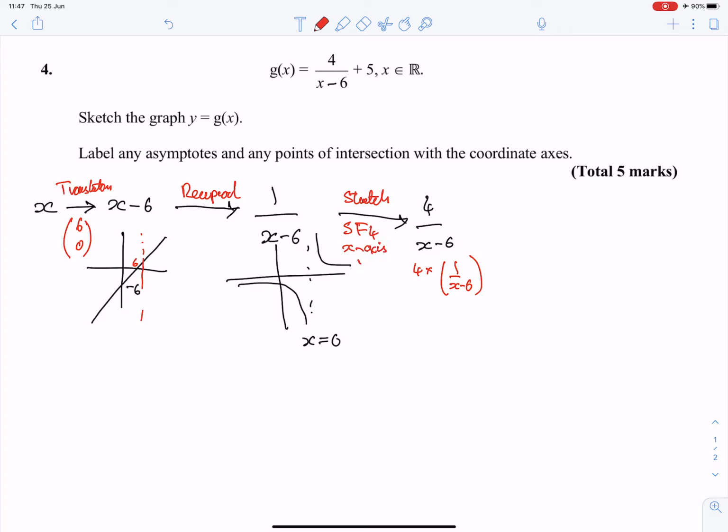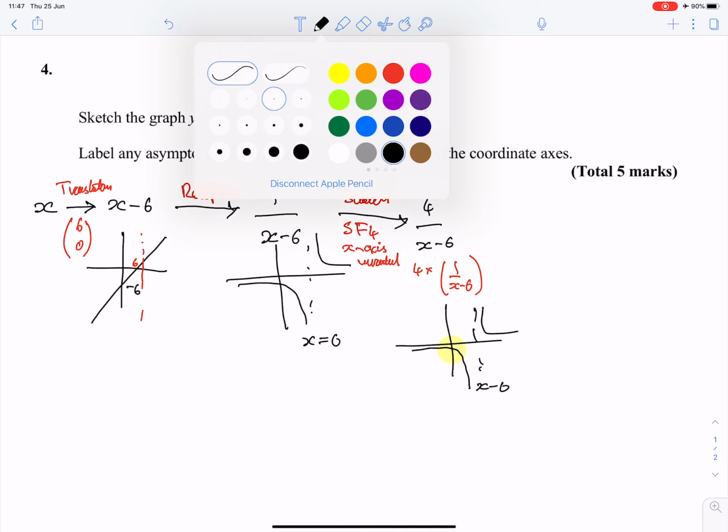X-axis invariant. So our sketch is now going to look something like this. It's still got that same shape, and the only thing that's really happened in terms of the sketch is the coordinates of this point have changed. So this is x minus 6.